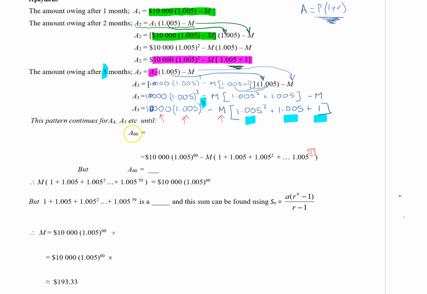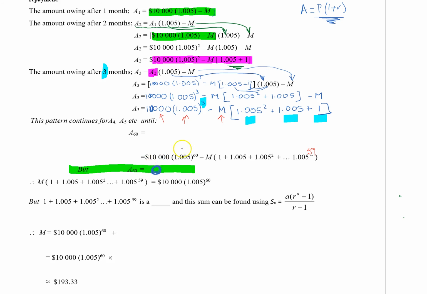Now, this is our expression for the amount after 60 payments. But what do we know about our amount after 60 payments? We know that the amount after 60 payments has to be 0. We've paid the loan off, or Sydney's paid the loan off.